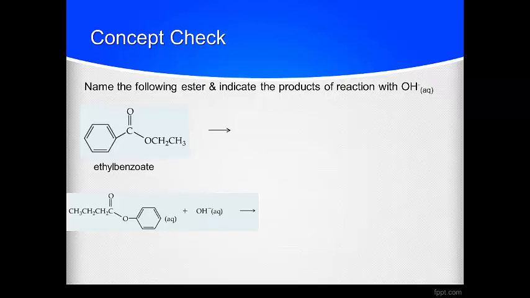Reacting that with base, then we would have the cleavage of it, and we would get our O minus, and then our alcohol would be CH2CH3, so the CH2CH3 with the OH.